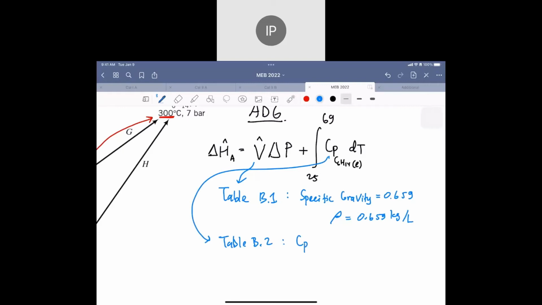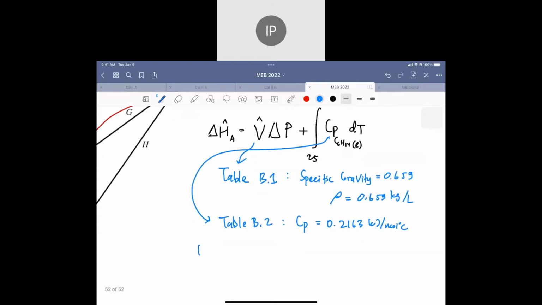And then we calculate and we get kilojoule per mole. One atmosphere is around 1.013 bar, so we convert 1 atmosphere to bar.